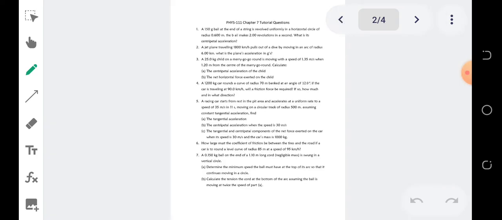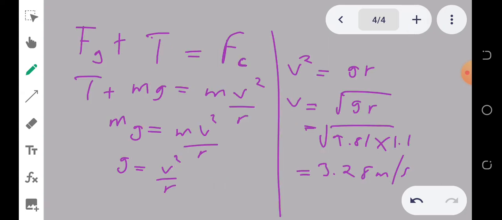All right, the other part of the question is to calculate the tension in the cord at the bottom of the arc, assuming the ball is moving at twice the speed. Like I said, the magnitude of the tension force depends on the velocity of the ball.